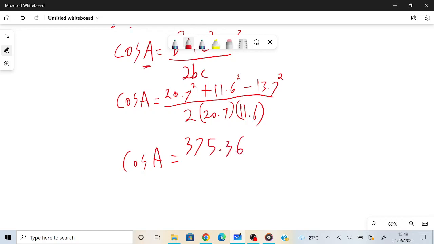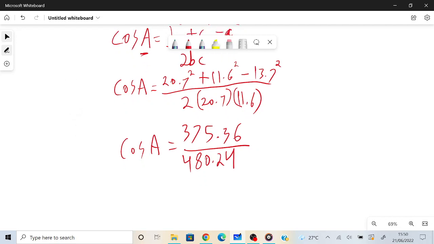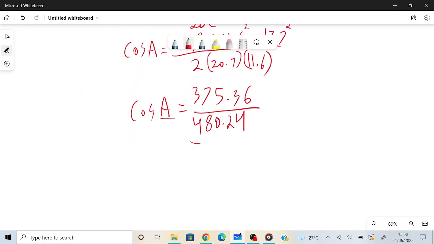Please be careful while entering your values in the calculator. Sometimes we do mistype and that can lead to a calamity, so please be careful when you are typing. All over 2 times 20.7 times 11.6, that is 480.24. And to find A, you can simply take the cos inverse of this.